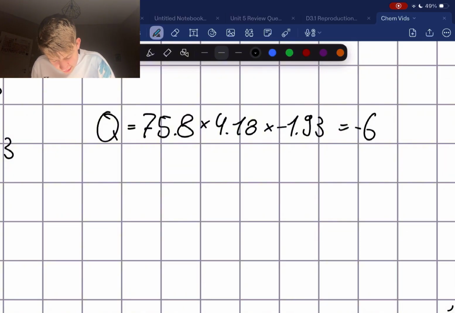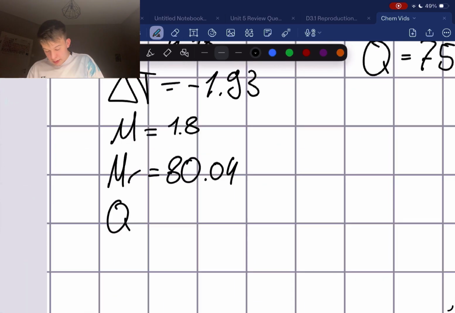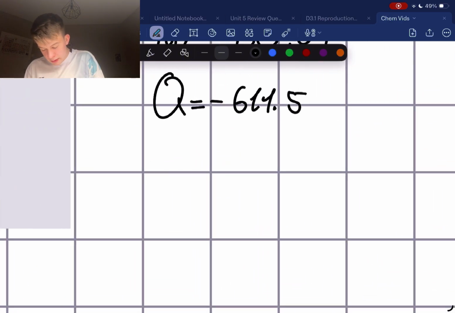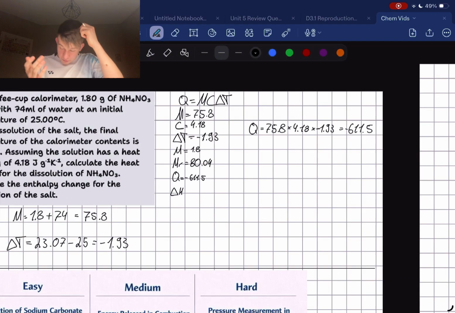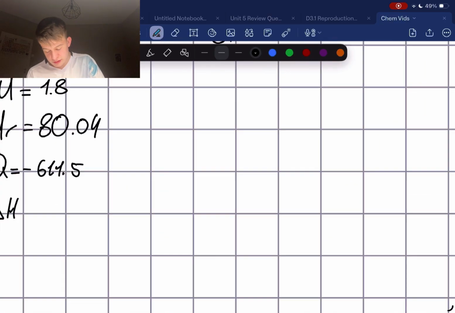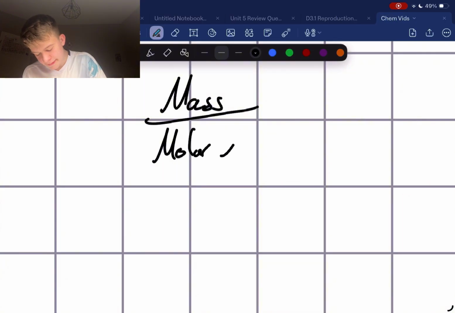Negative 611.5. Okay, so now Q is negative 611.5. To find delta H, we also need the number of moles. To calculate the number of moles, we do mass over molar mass.